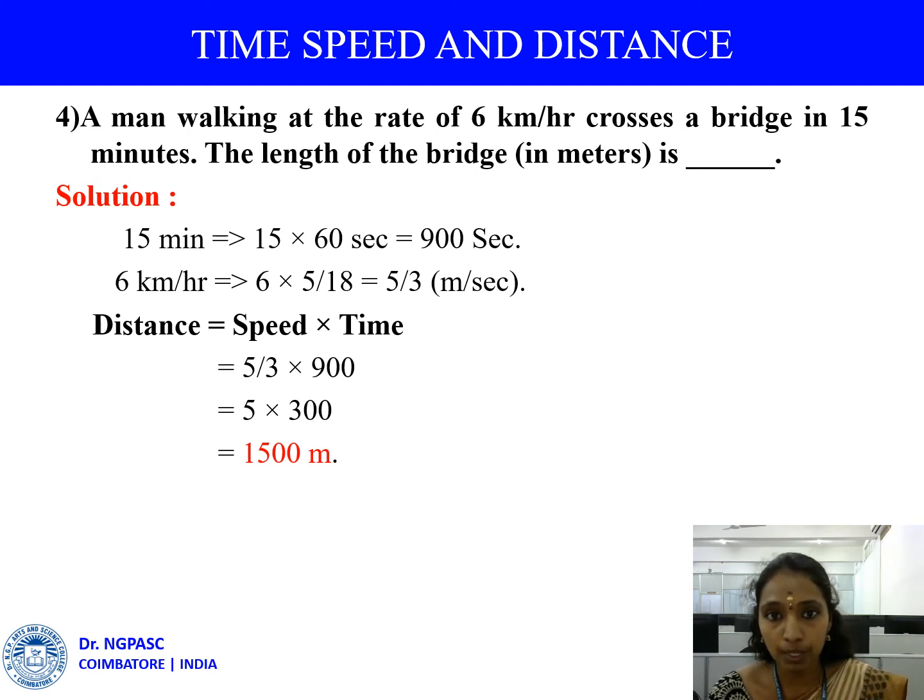The length of the bridge. Length of the bridge equals speed into time. Speed is 5 by 3 meter per second into time 900 seconds. If we cross it out, 3 into 300 and 900 cancel, so we get 300. So 5 into 300 is equal to 1500 meter.